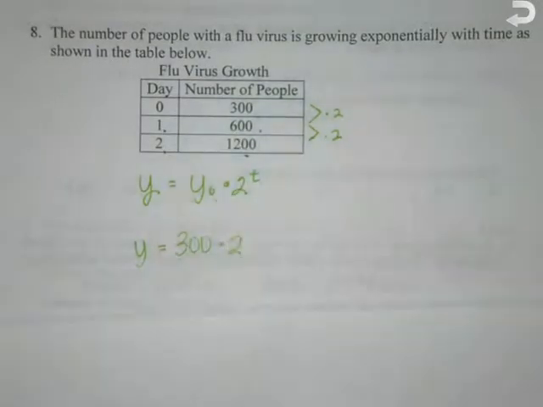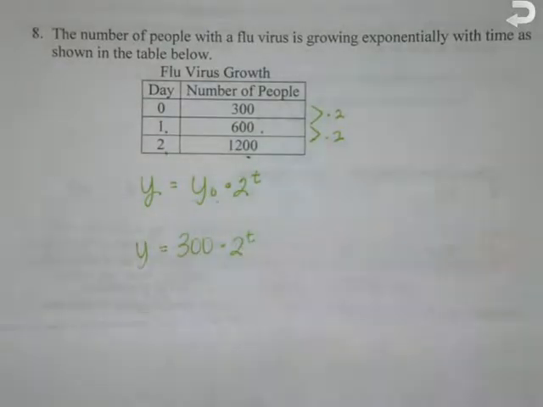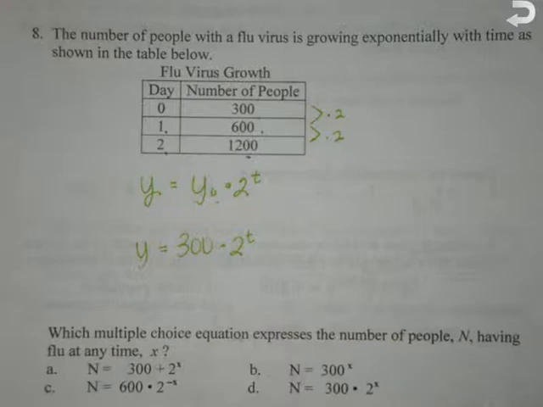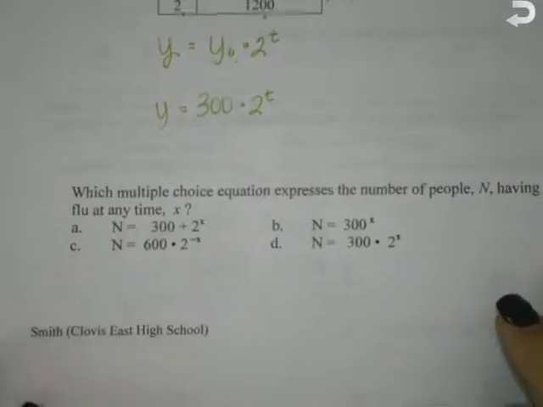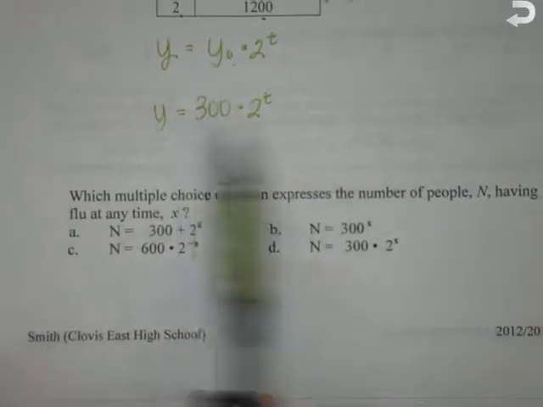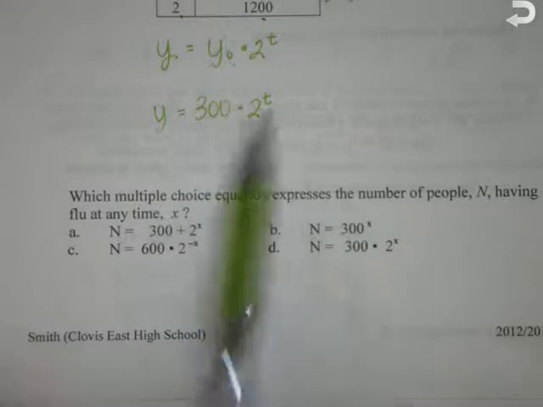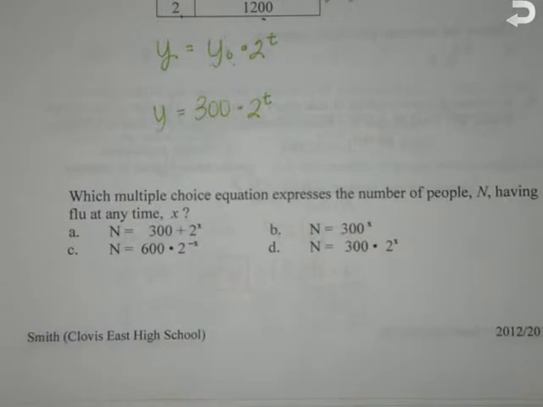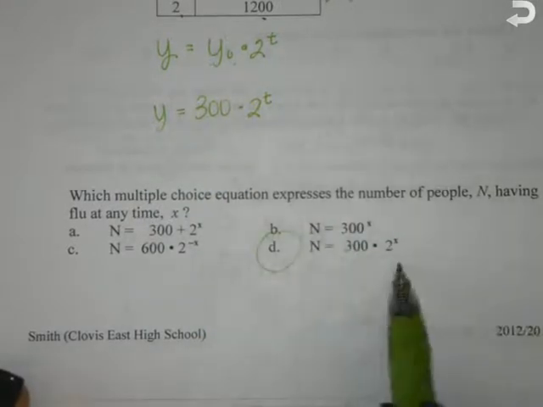Do we know how much time has passed yet, technically? 2 days. Well, we can't just put 2 days because they're still measuring it. So we would put t. Okay? So look at your multiple choice answers that I give you. Which one looks like it's written in this format? 300 times 2 to the t. The variables are just different, but it's the same.